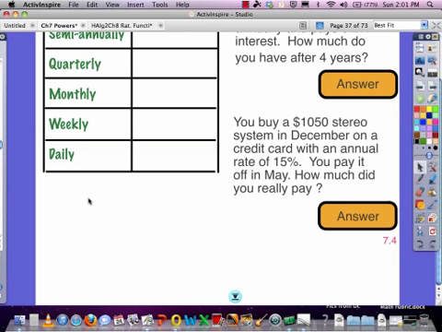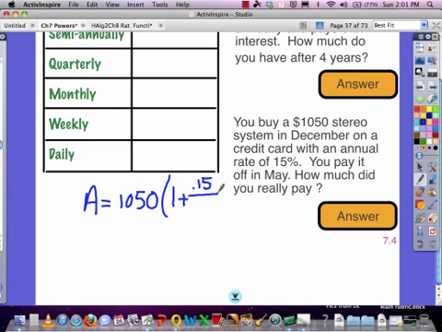So here we go. Start with your formula. A equals P. Well, our investment was $1,050. That's how much we put on the card, basically, times 1 plus, in December on a credit card with an annual rate of 15%. So our rate would be 0.15. Remember, change it to a decimal. How much did you really pay?